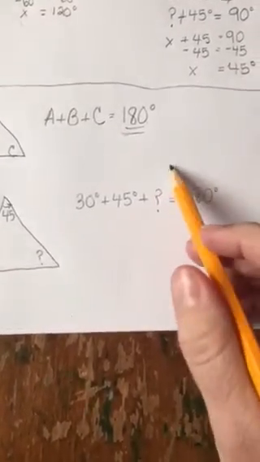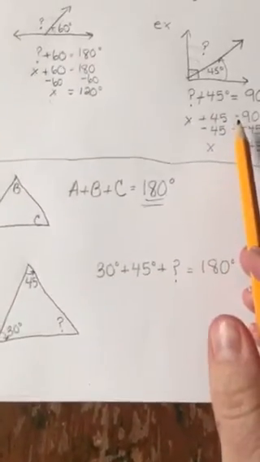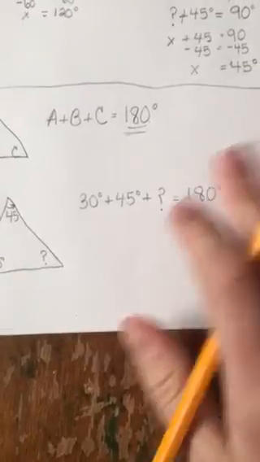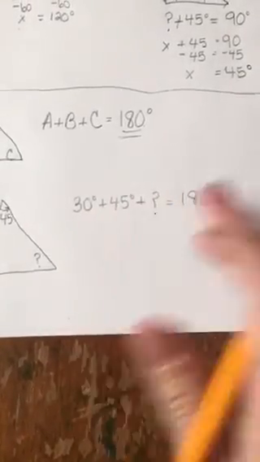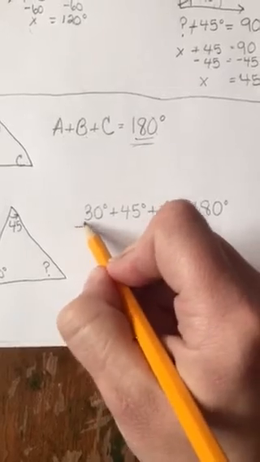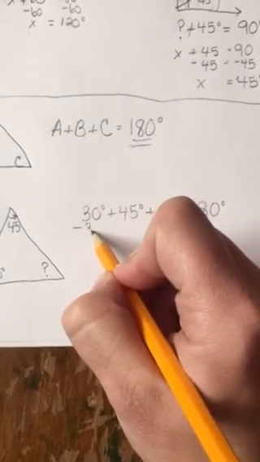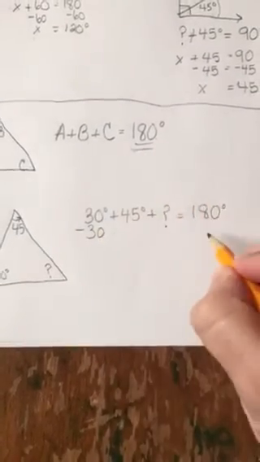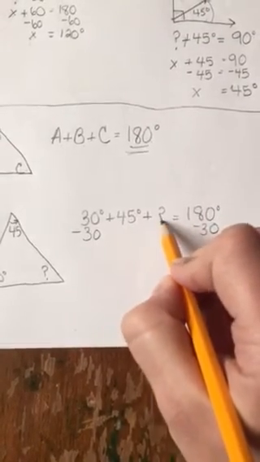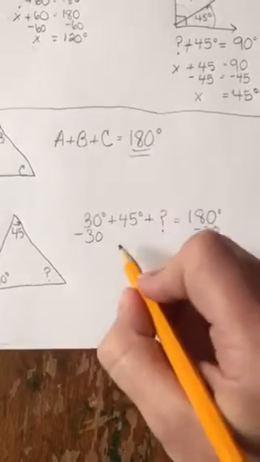So just like when we were doing the right angle and the straight line, we're going to use inverse operation. The only thing different is we have three different numbers. We have three different angles. So let's just start over here with 30. This is positive 30, so I'm just going to subtract 30 from both sides of my equation, because I ultimately want to get this question mark by itself.